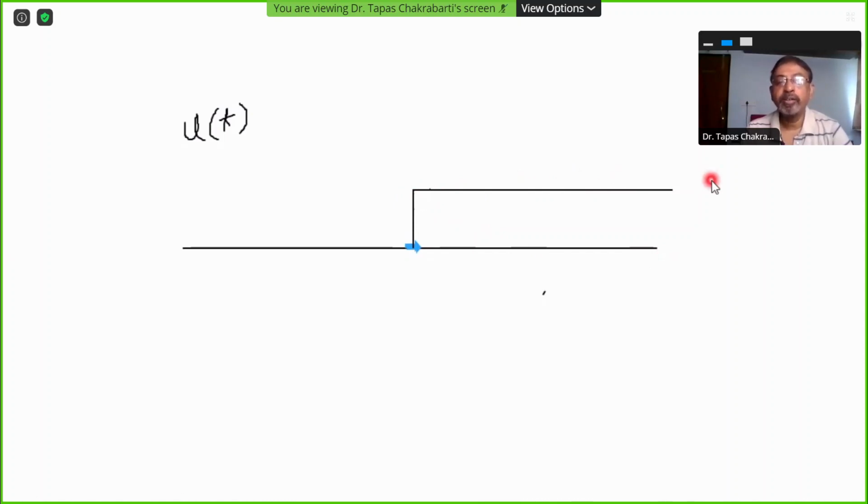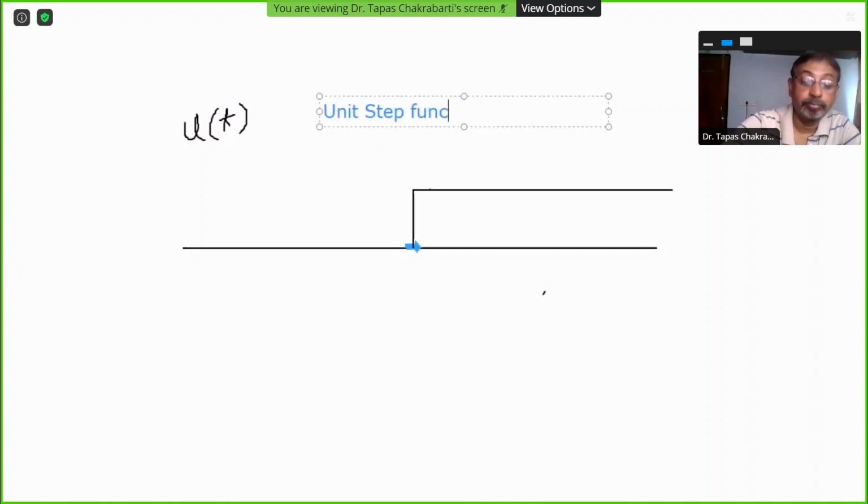It is called the unit step function. This type of function is called the unit step function.